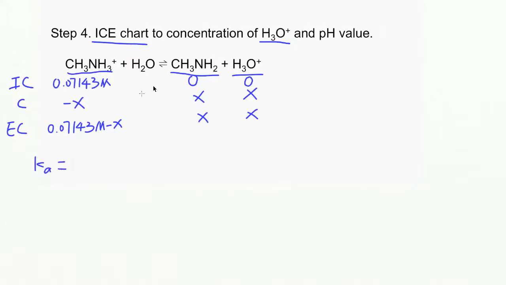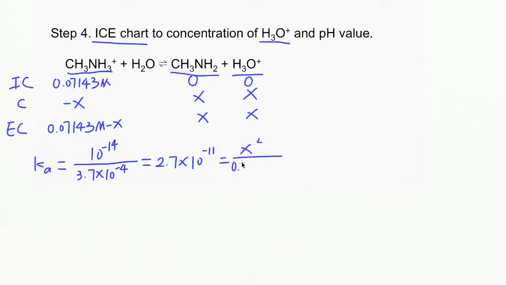How do we do it? We know the Kb for this conjugate base, so 10 to the negative 14 divided by the Kb value, and that is 3.7 times 10 to the negative 4. So my calculation gave me 2.7 times 10 to the negative 11 as the Ka value. That equals x squared over 0.07143 minus x.